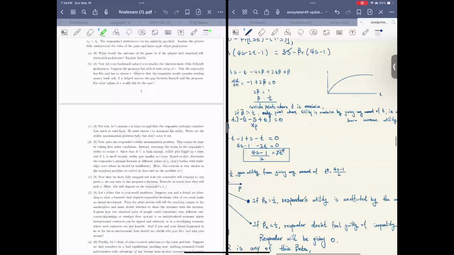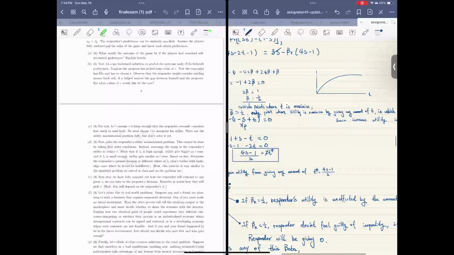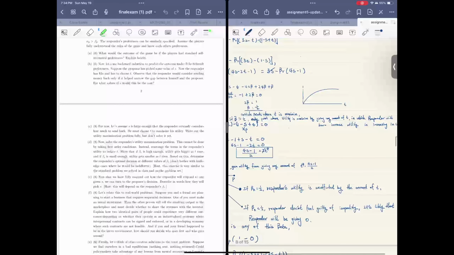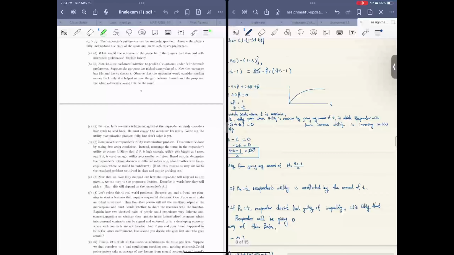So if beta is greater than 1/2, this is the only point where utility is maximized by giving any amount of t, in which the responder will have utility increasing in t. So the more I give to you, the more I feel happy, or the less pain I will suffer from this beta thing, right? If I have beta more than 1/2.